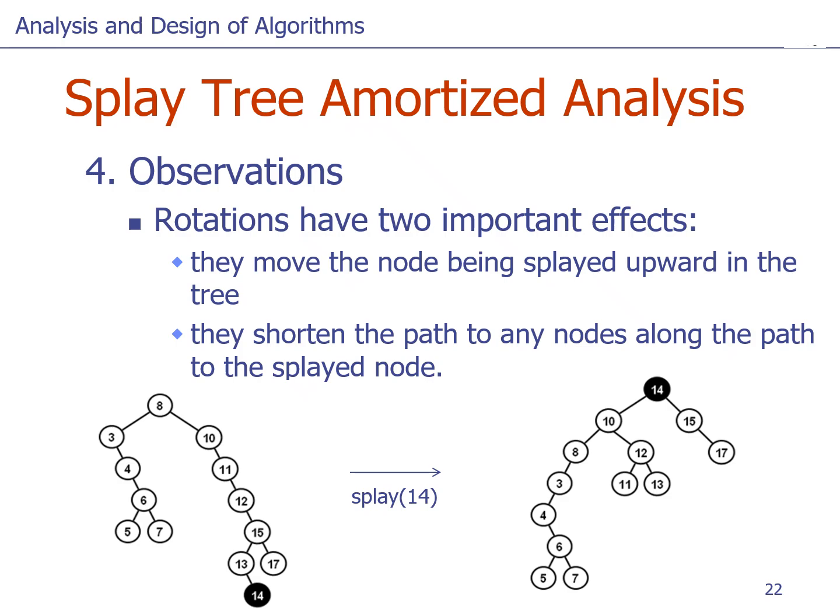Okay, 14 was the right child of a left child. So I rotated left and then right, and then I kept doing that, but along the way I was dragging the 15 upward with me, okay?